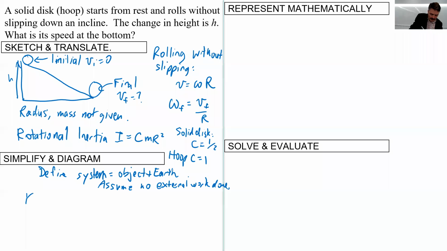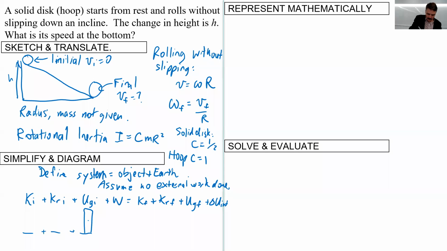So what it looks like is that the kinetic initial plus the rotational kinetic initial plus the UG initial plus the work is equal to the kinetic final plus the kinetic rotational final plus UG final plus any change in internal energy. So I'm going to say that it's just 0 plus 0 because it starts from rest, plus all of this energy is in the mgh, and there's no work done.